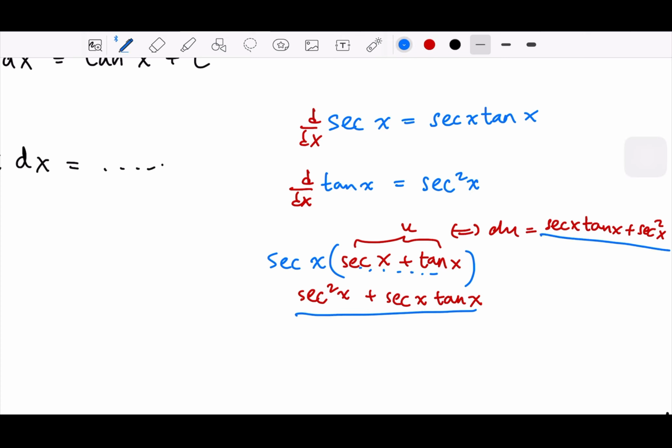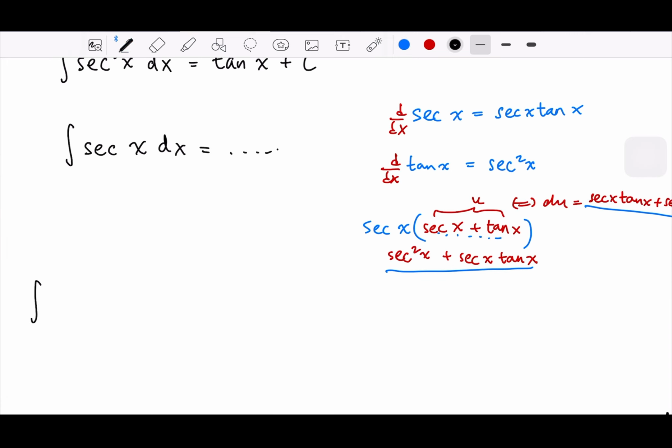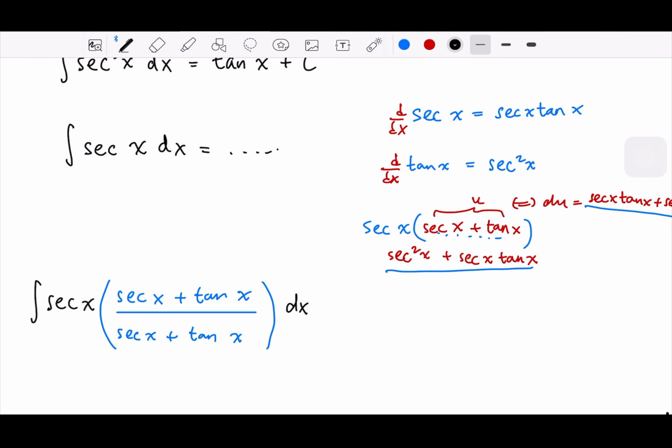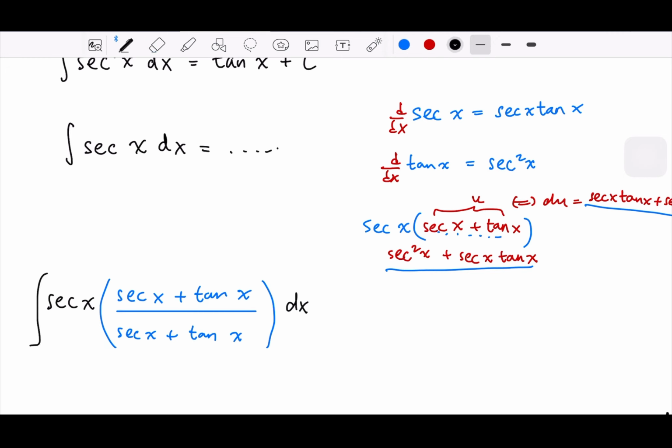Okay, so we can cancel these two forms. So the idea is taking the secant x and multiplying it by secant x plus tangent x over secant x plus tangent x.